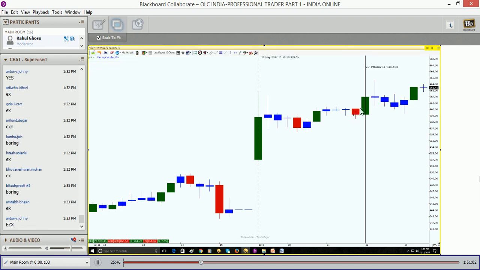Boring candle indicator says that it is an exciting candle, which means can I mark my base over here? No, I cannot mark any demand zone over here.